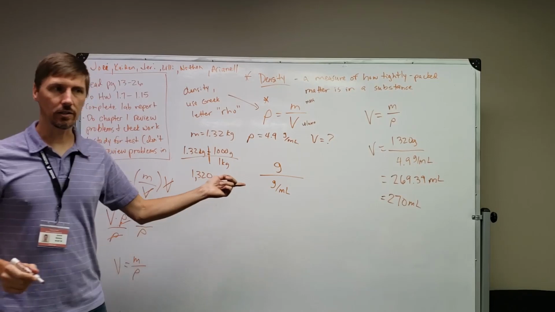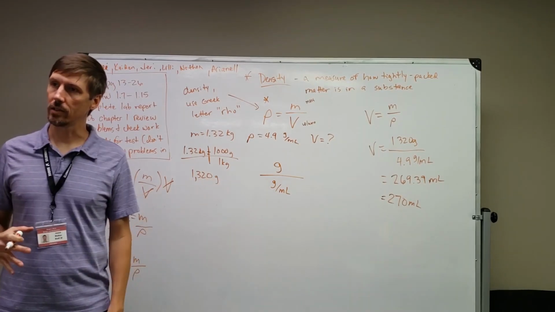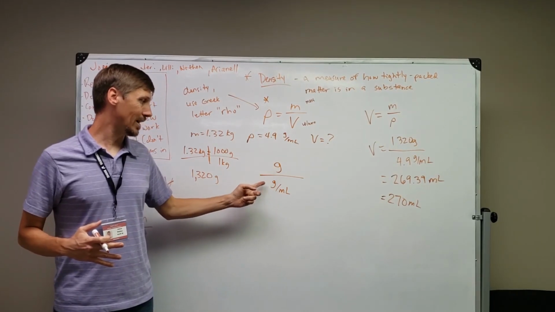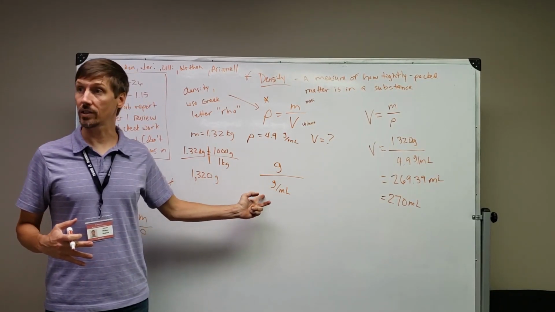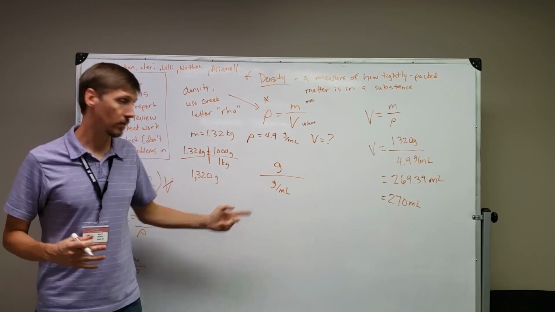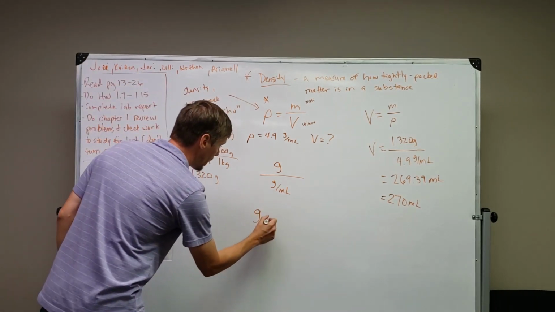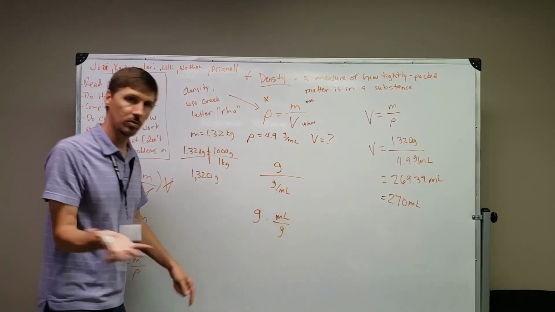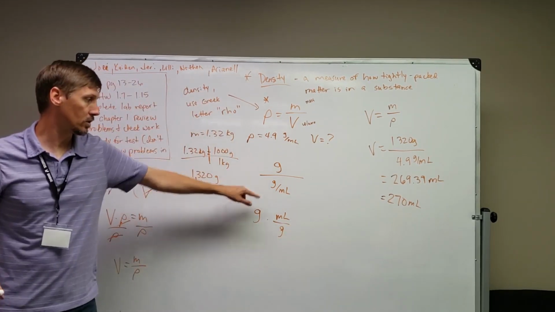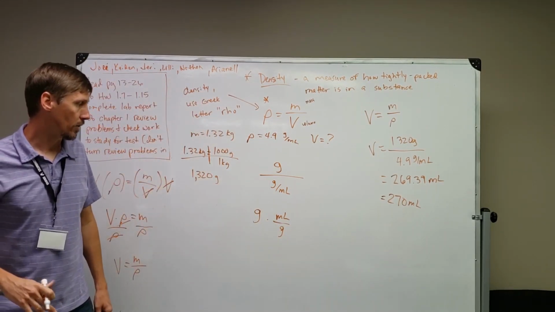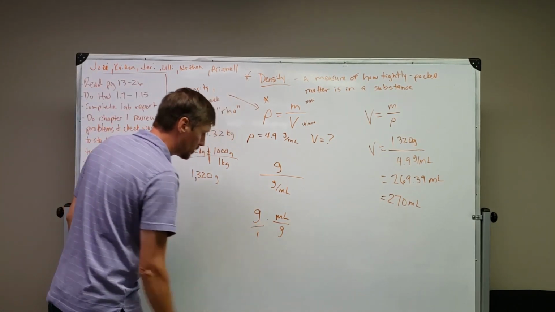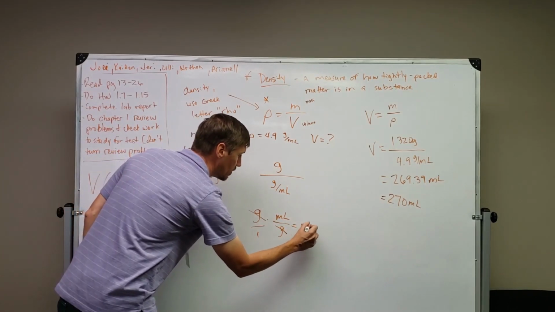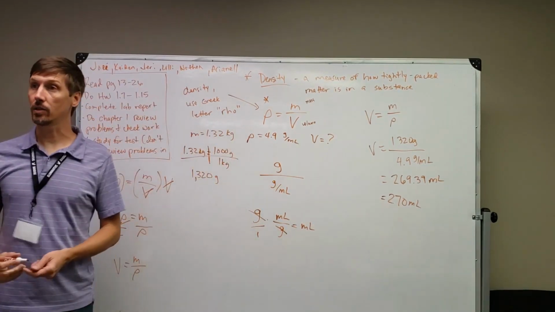And when you've got a fraction on the bottom of another fraction, that's the same as taking this number here and multiplying it times the reciprocal, the fraction that's on the bottom. Do you guys remember that? So this is the same as grams times milliliters over grams. The reciprocal is where you flip it. You flip this fraction. This is an over and understood one. So now the grams cancel out and we're left with just milliliters. And so that's how we got the unit of milliliters.